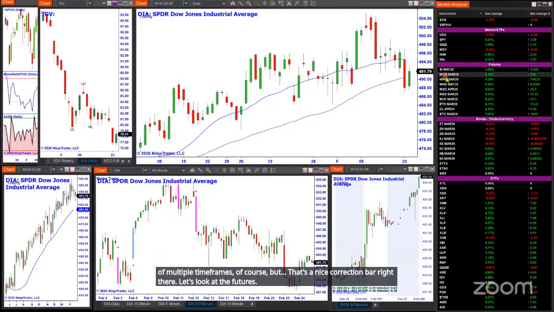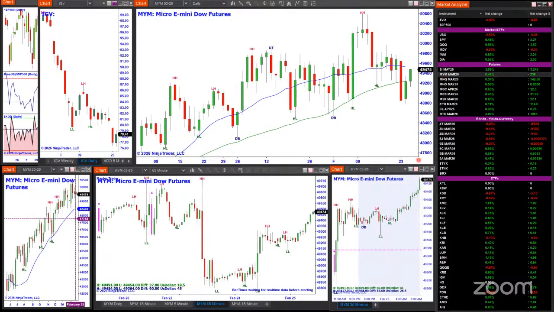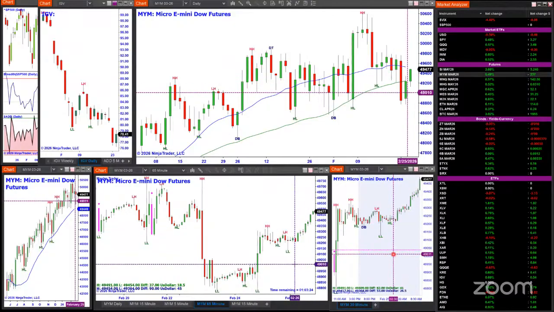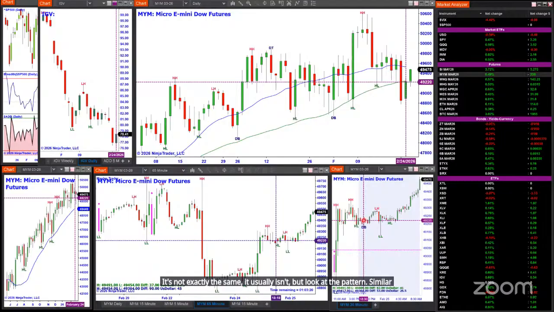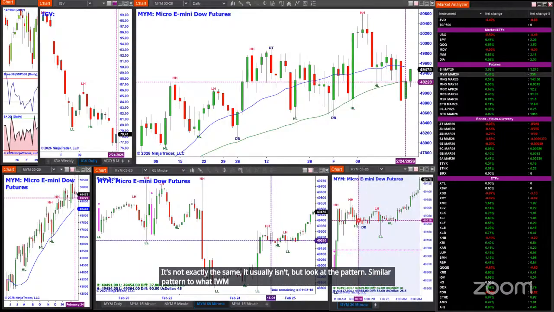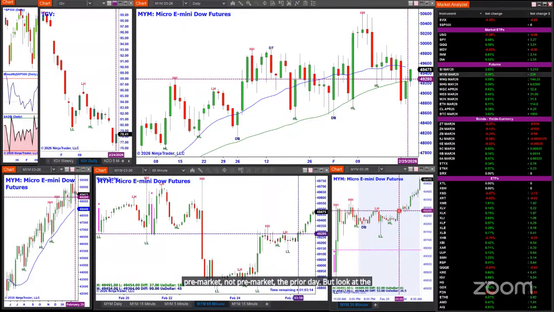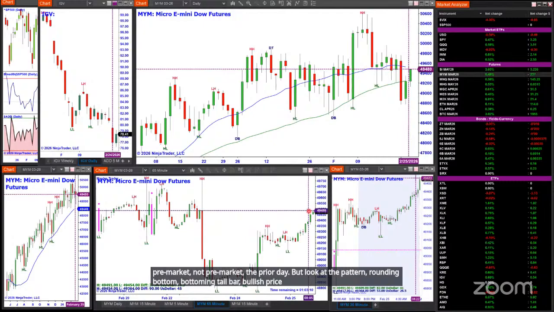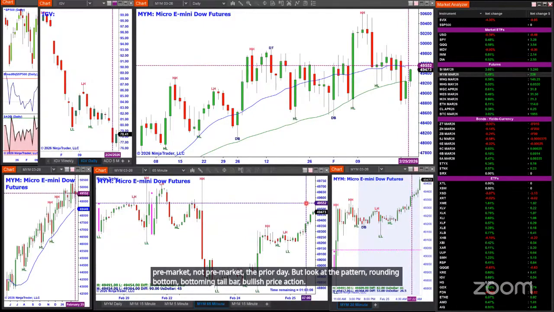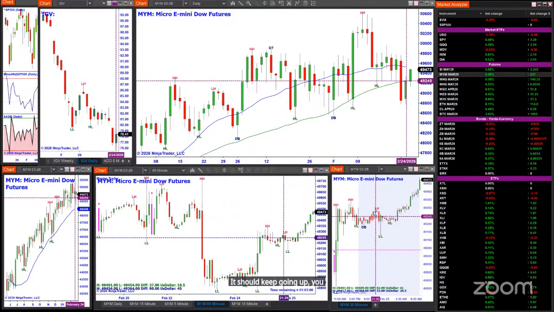It's not exactly the same. It usually isn't, but look at the pattern. Similar pattern to what IWM was the prior day. Rounding bottom, bottoming tail bar, bullish price action. It should keep going up. This would have been a great pattern.